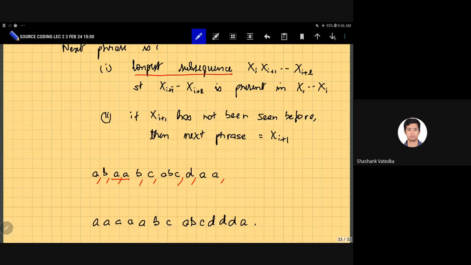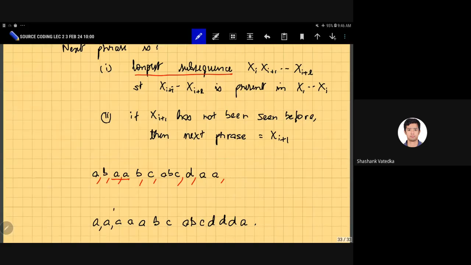So what is the first phrase? A, right? So A is going to be the first phrase. Now, what is the second phrase? It is just going to be A, right? Because we've only seen A so far. What is the third phrase? AA, right?